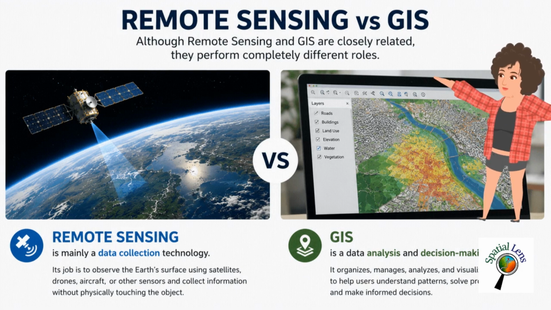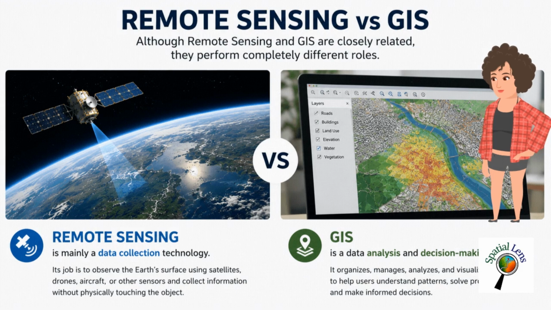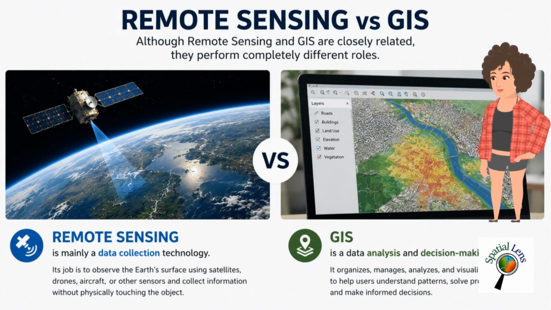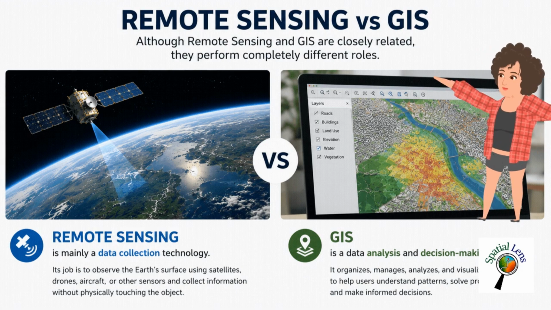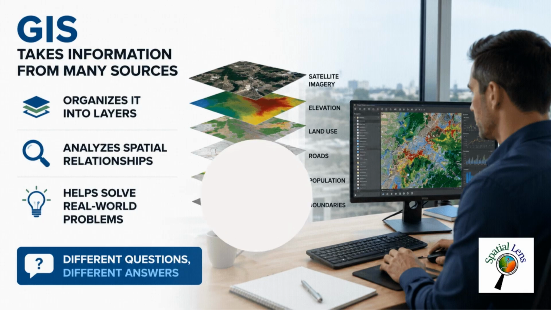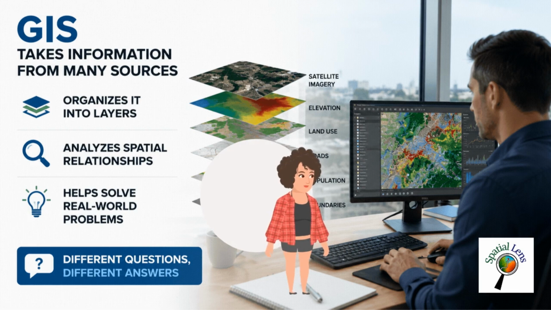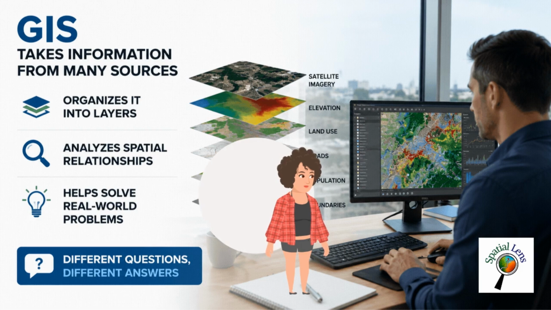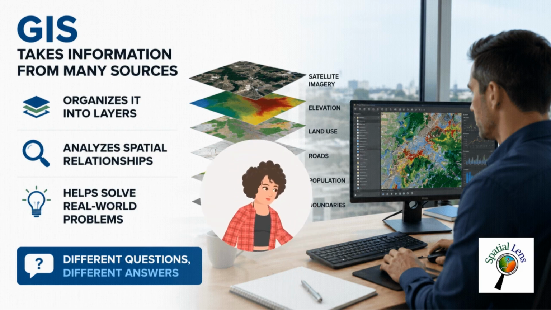GIS, Geographic Information System, on the other hand, is a system used to store, analyze, manage, and visualize geographic data to support decision-making. It takes information collected from remote sensing and many other sources, organizes it into layers, analyzes spatial relationships, and helps solve real-world problems.